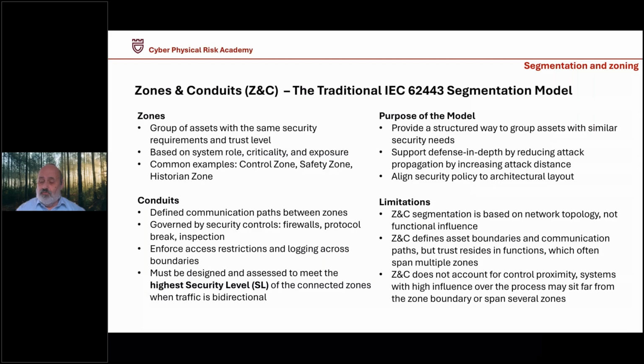And those two work together, and you can have a beautiful boundary, filtering things, stopping things. But if the function allows an operator to modify a set point in the controller, then that will typically happen based on trust relationships between those two nodes. So zoning is not really stopping that type of influence.